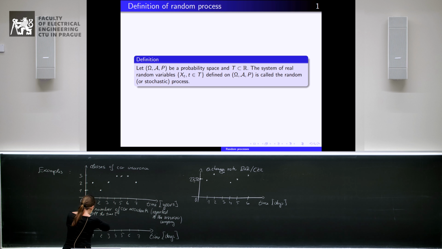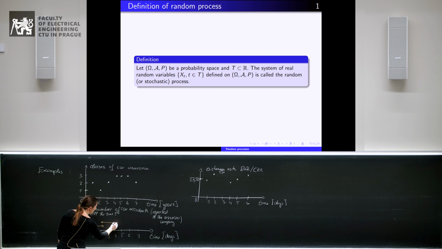And so let's say that for the whole day there is no accident, and somewhere in the middle of the second day there will be one accident. Then again for half a day or some part of a day nothing happens, and somewhere in the middle of the third day there will be an accident.